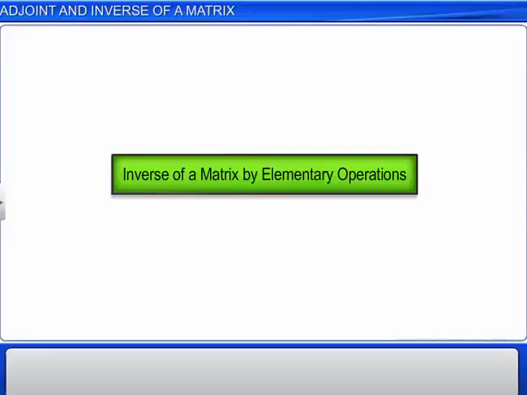In matrices, you learnt to find the inverse of a square matrix by using elementary row or column operations.